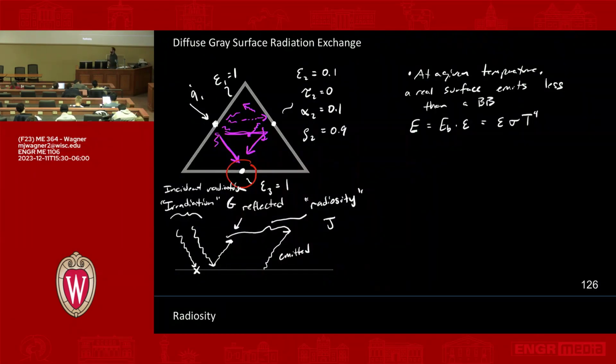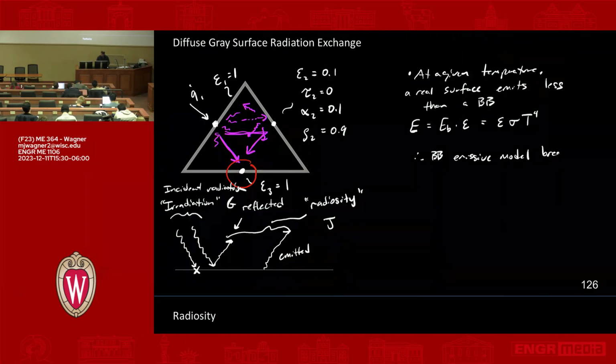If we tried to go through and develop a set of equations using our original black body exchange, where we're just using black body emissive power, that model actually breaks down. It's not valid. So the black body emissive model breaks down.